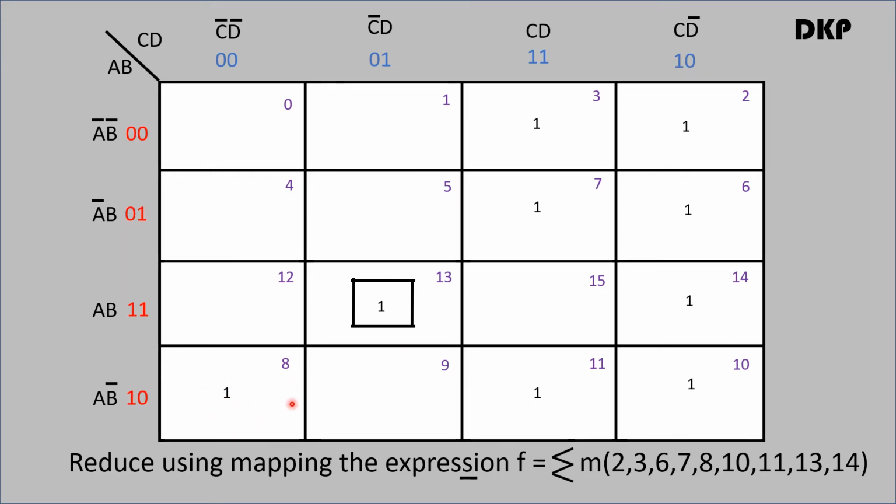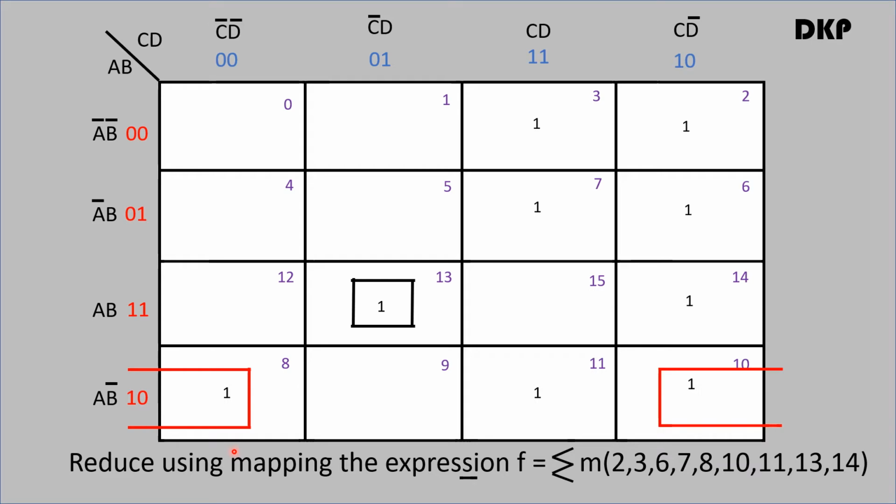Now cell number 8, 9, 11, 10 are considered as adjacent with 0, 1, 2, 3. These cells are adjacent to each other. Similarly, 0, 4, 12, 8 are adjacent with 2, 6, 14, 10. These cells are adjacent to each other.